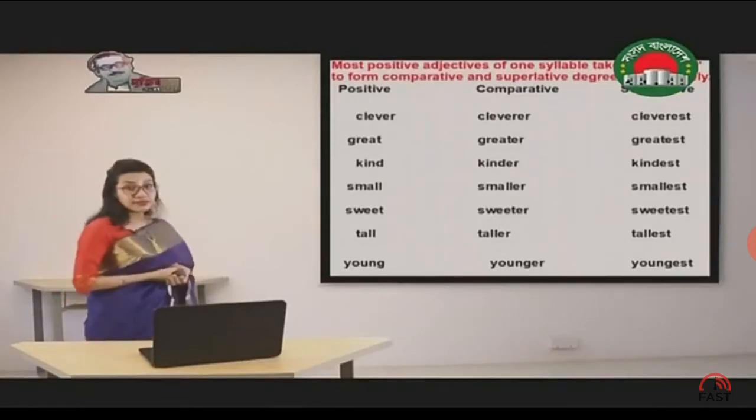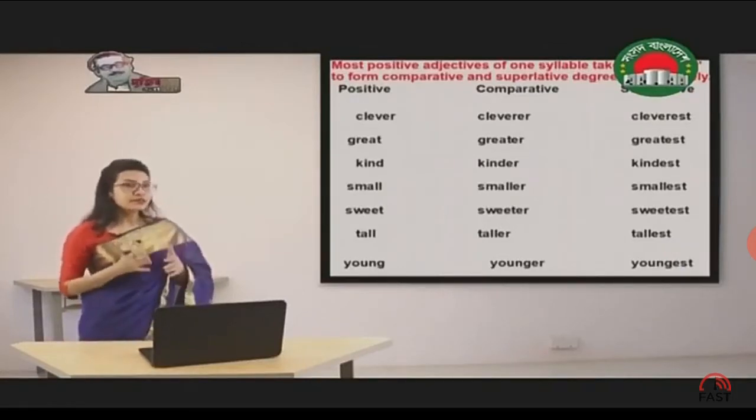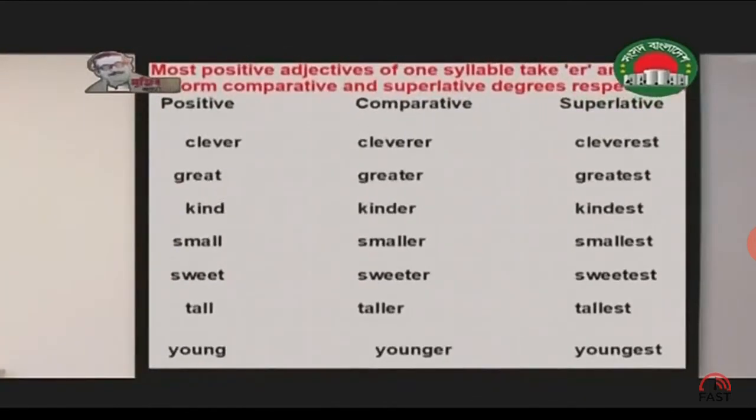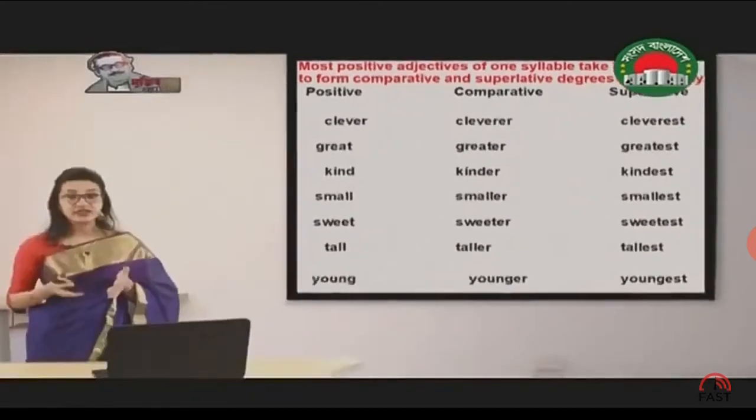There are some other examples as well where you can see a similar kind of formation. Great, greater, greatest; kind, kinder, kindest; small, smaller, smallest; sweet, sweeter, sweetest; tall, taller, tallest; young, younger, youngest.